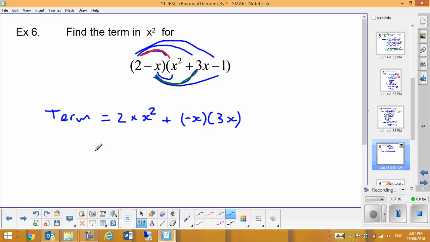So now we end up with 2x squared minus 3x squared equals minus x squared. In other words, if you expanded all that expression and combined all like terms, the term that has x squared in it would be minus x squared. So that's nice and easy. We multiplied that by this expanded form to find the correct terms.